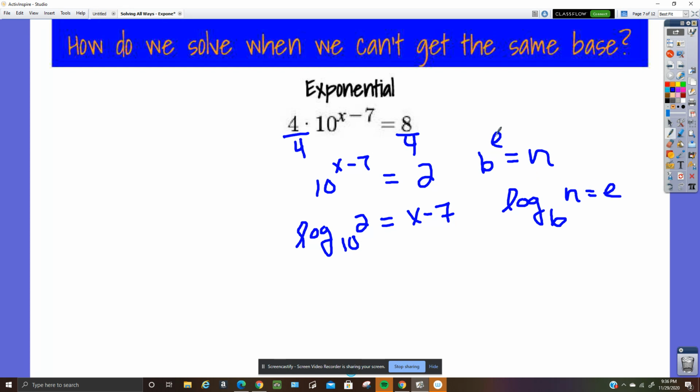Base, don't confuse this with the Euler number. So base exponent number equals log base number exponent. So here's the base, exponent, number. Now we want to get x by itself, so you have to add 7.